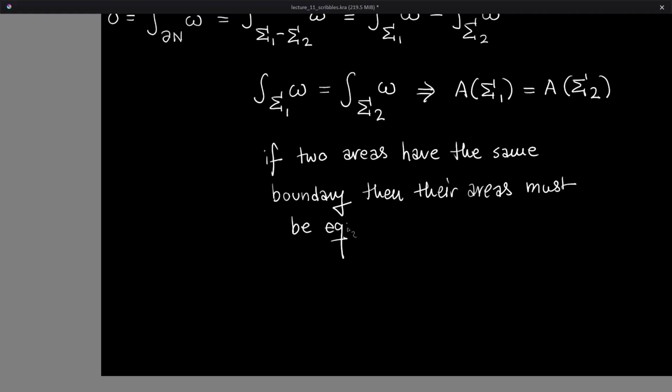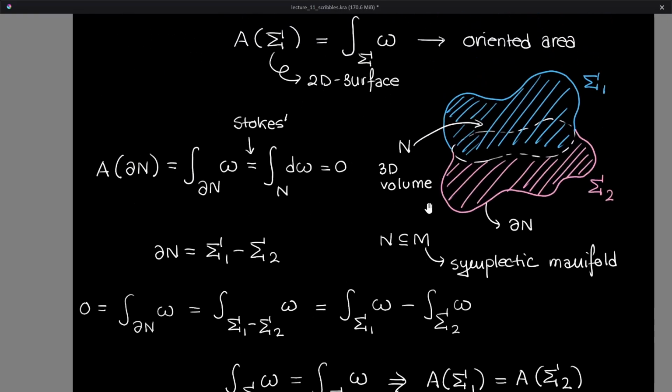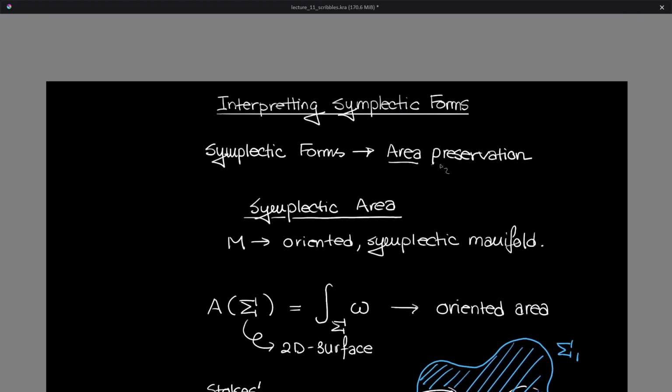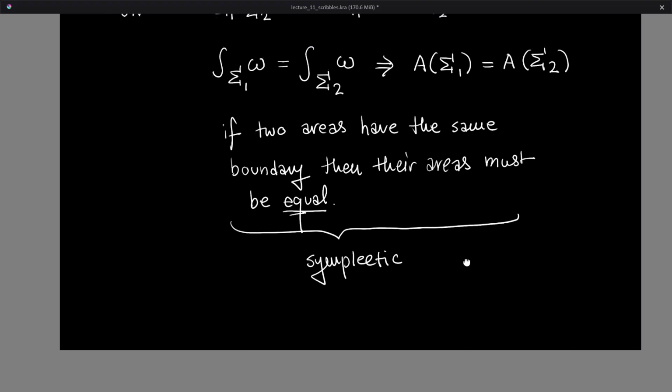This is the symplectic property. And that's why this is the specific sense in which we are preserving areas: we are preserving areas for surfaces that have coincident boundaries.